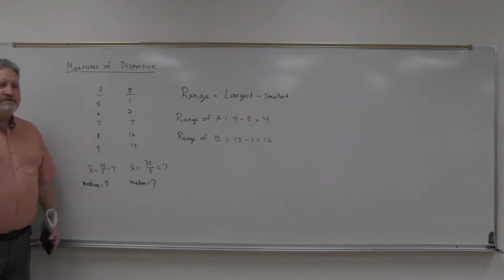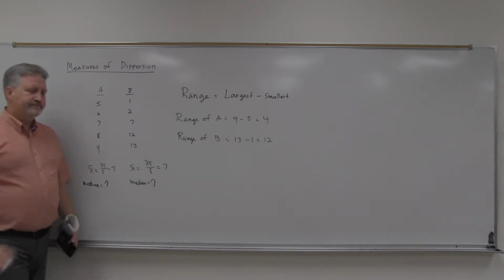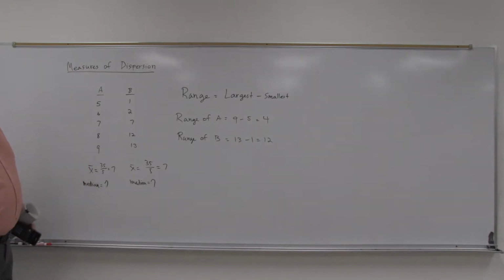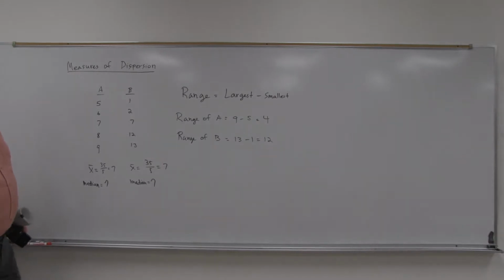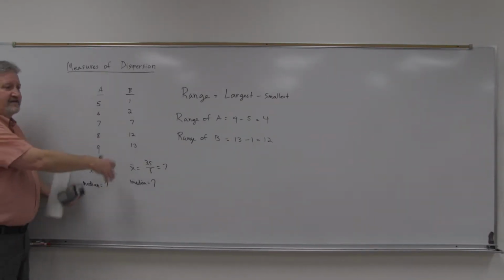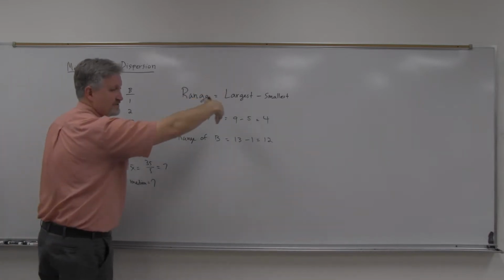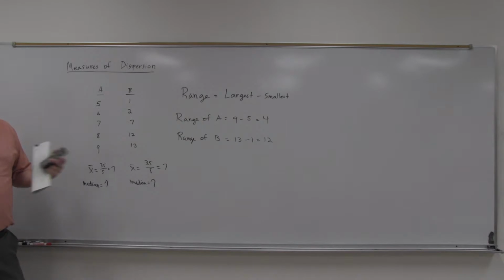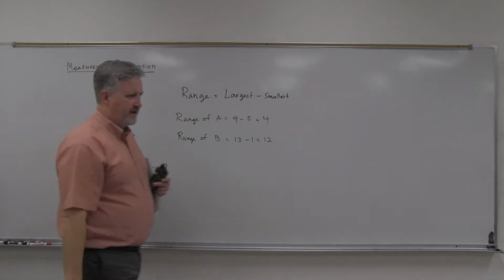All right. So that does give us a slight hint that yeah, these are more spread out. But because of the fact, for one thing, that this calculation only uses the smallest and the largest value, and doesn't say anything about the ones in between, it's limited in its use, so just be aware of that.